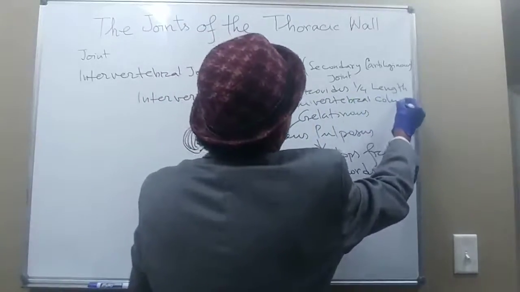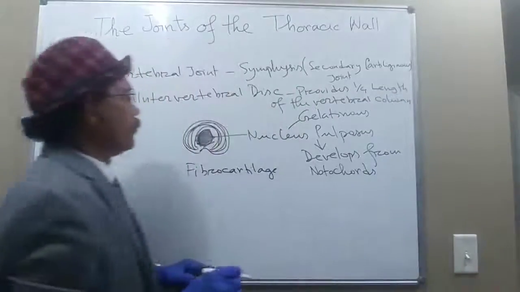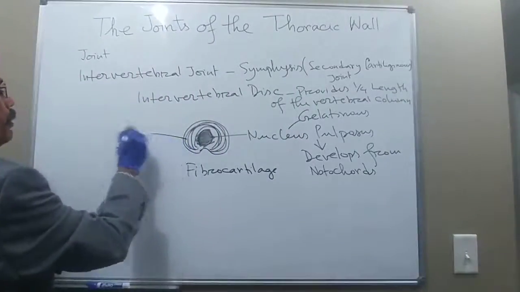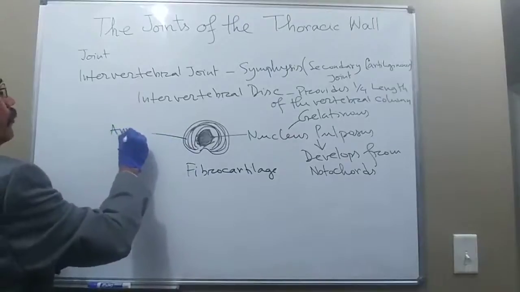Okay, got that. So we have the annulus fibrosus here at the periphery, this fibrocartilage.